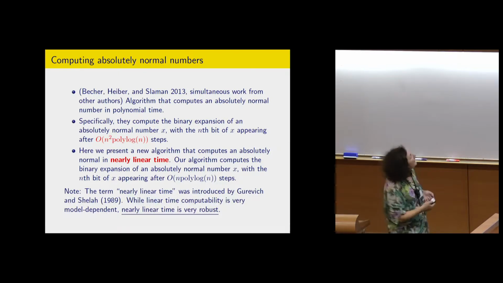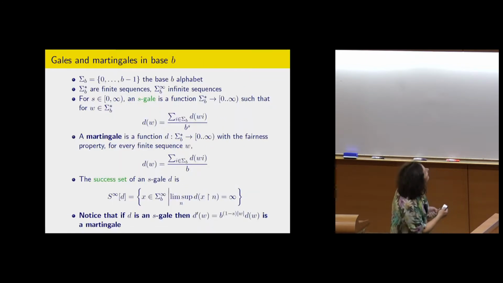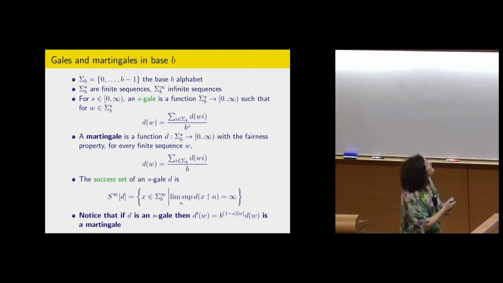And as I think I already mentioned, nearly linear time is a far more robust idea than linear time. So, well, I will use base B. So we are not in binary anymore. It depends on the base we're looking at. So base B is just a B-symbol alphabet. Notation is about the same.